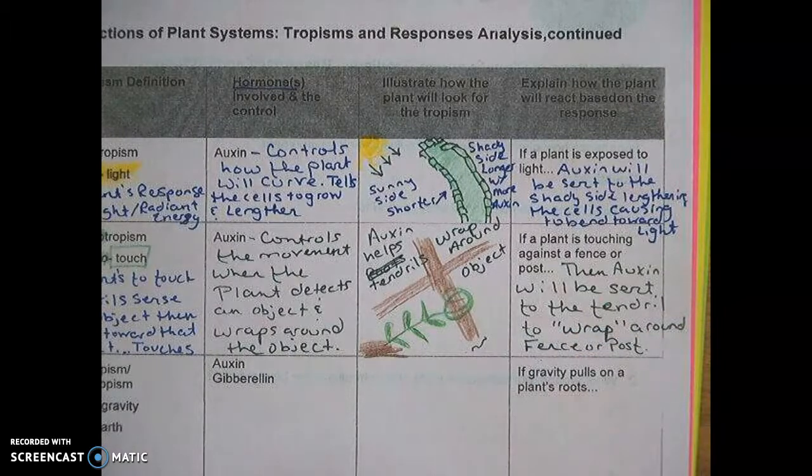Or is the whole plant wrapping around that fence or that post? Just some things to observe around us out in nature. Okay, so that's our first two tropisms with hormones defined and some illustrations, which always help us to get the big picture.